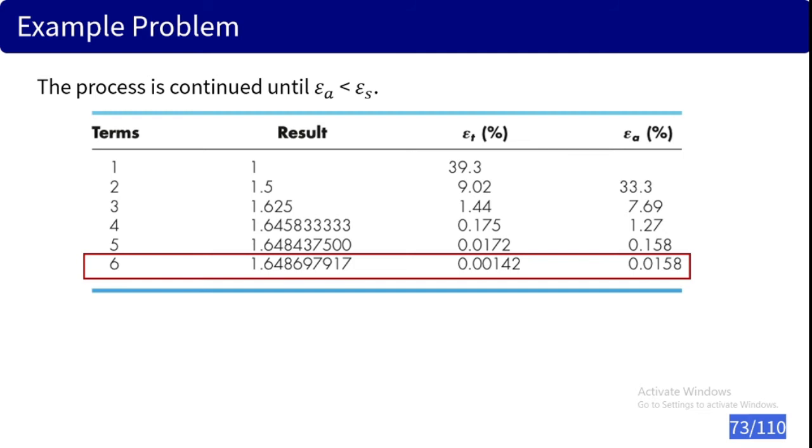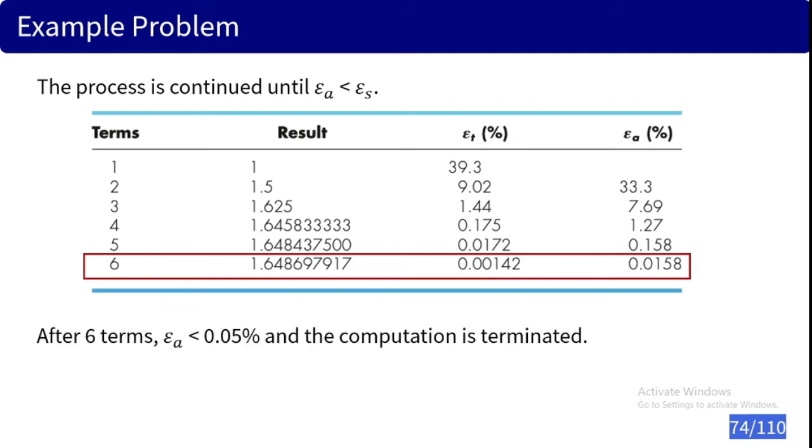So obviously 0.0158% is below 0.05%. Thus after 6 terms or 6 iterations, the computation is terminated, because we are now below the specified tolerance of 0.05%.